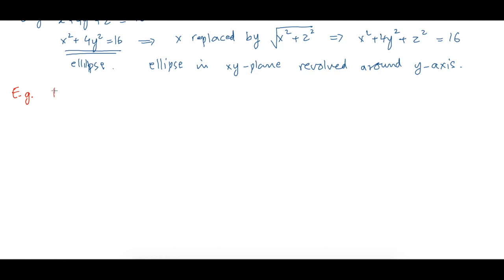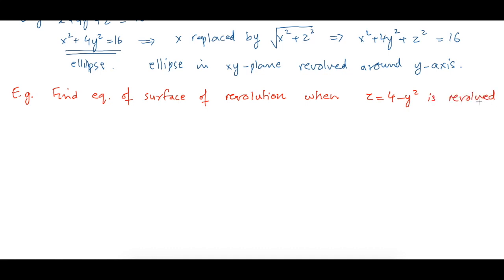Find the equation of the surface of revolution when z is equal to 4 minus y squared is revolved about the z-axis.